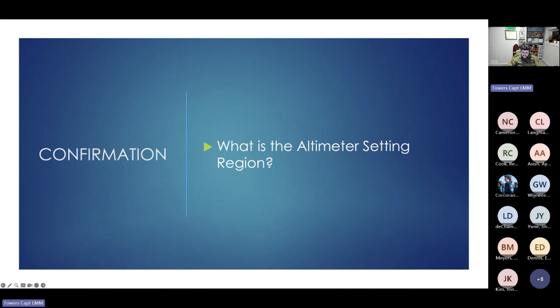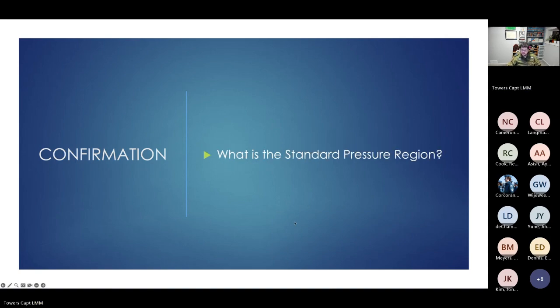Next question is about the standard pressure region. So, what is the standard pressure region? Can anyone tell me what it encompasses and what you do with your altimeter when you're in the standard pressure region?